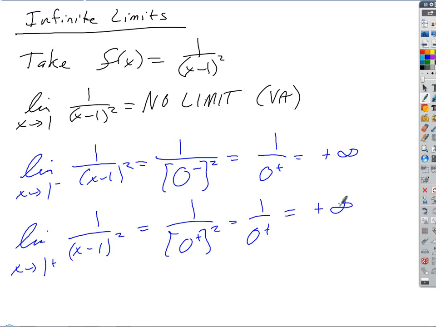But that's pretty useful because that gives us some real insight into what this graph looks like now. We know that we've got a vertical asymptote at 1, but this tells us that our function is approaching positive infinity as we approach from both sides. So it looks like that, right? Make sense?